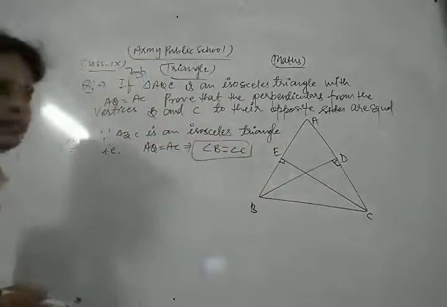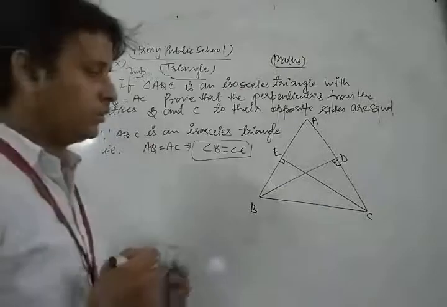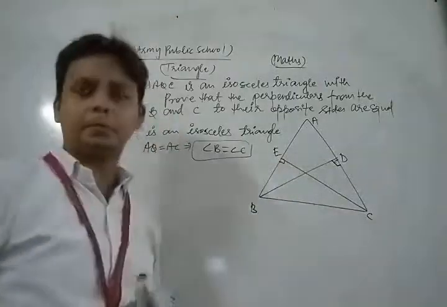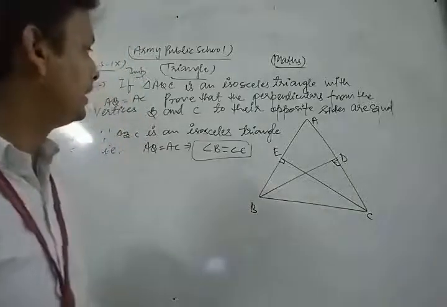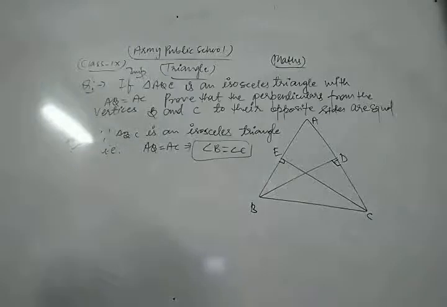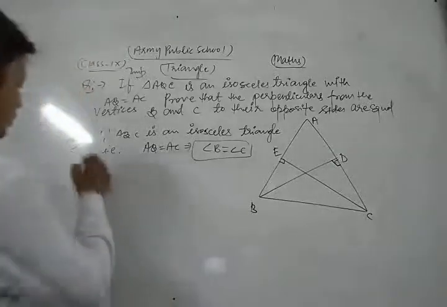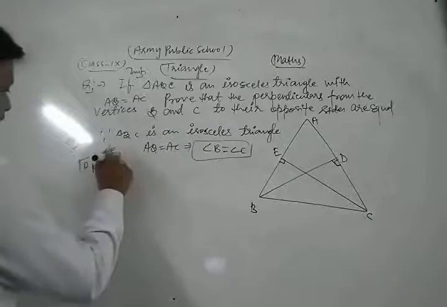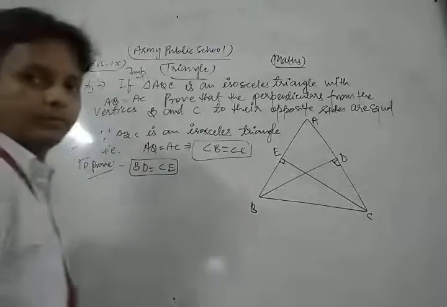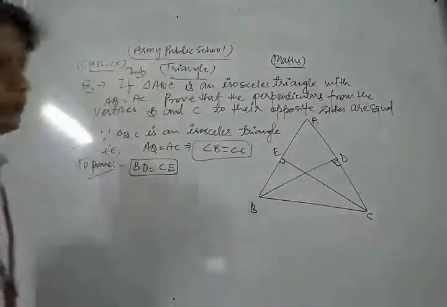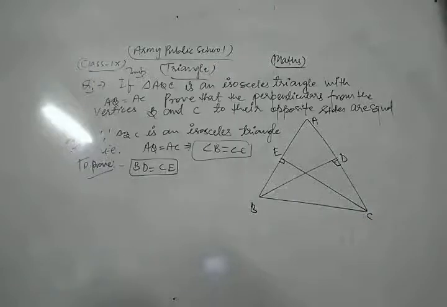Here BD and CE are perpendiculars drawn from B and C to their opposite sides. We have to prove BD is equal to CE. This is your question. Now look, dear friends, first we take triangles BCE and BCD.